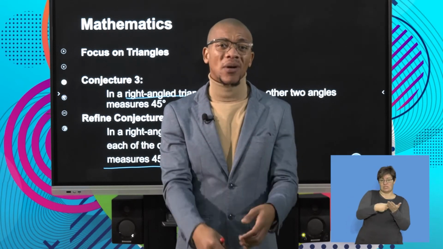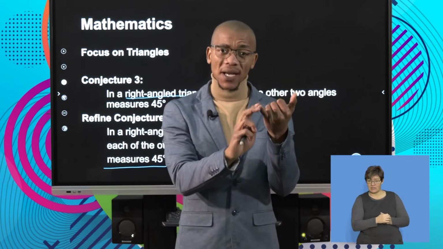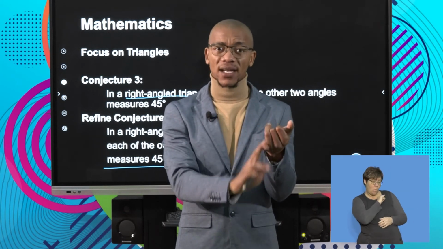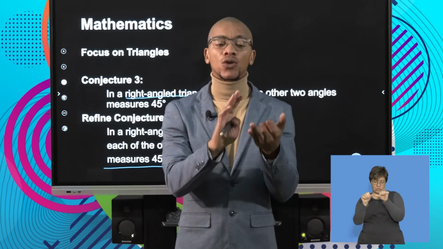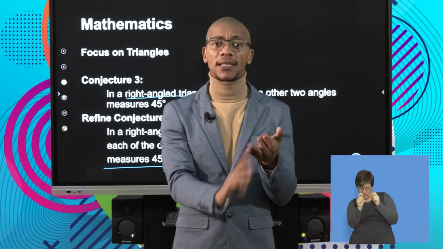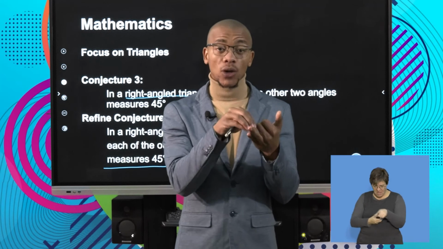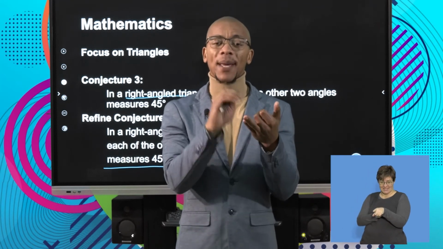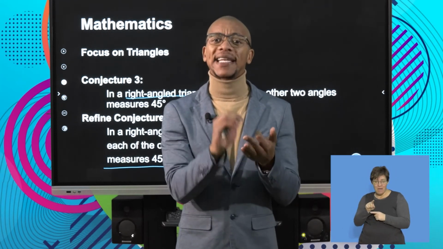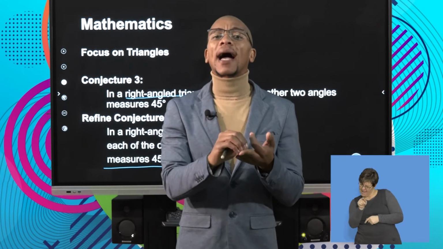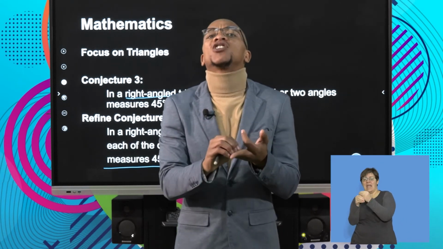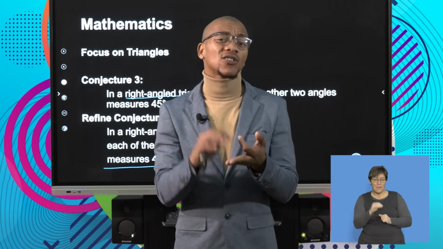Let's just quickly remember. You make a conjecture, right? After observing and measuring, you test it, right? By checking different conditions of the very same conjecture that you made. Based on those, you try and refine it and see whether I can make a provision where it will make my conjecture always true.